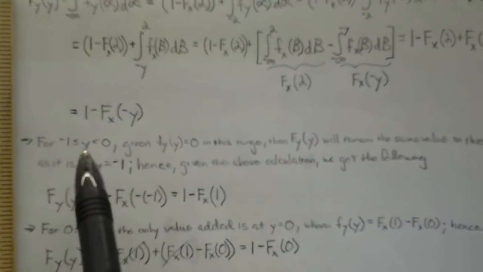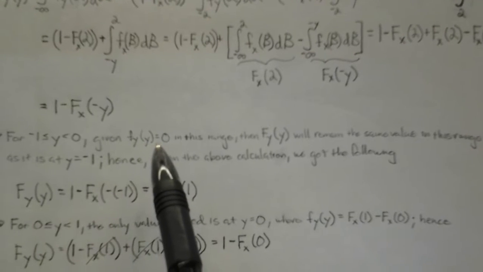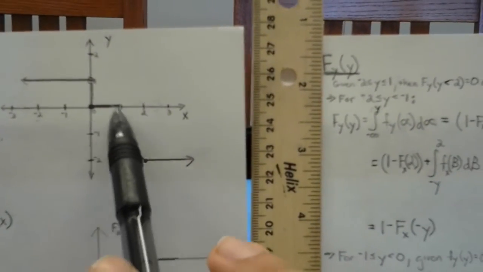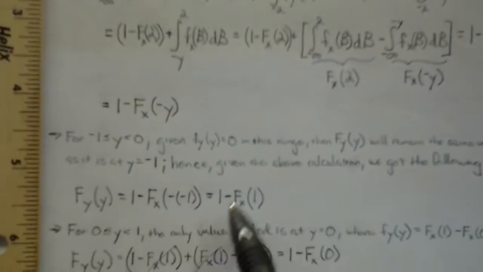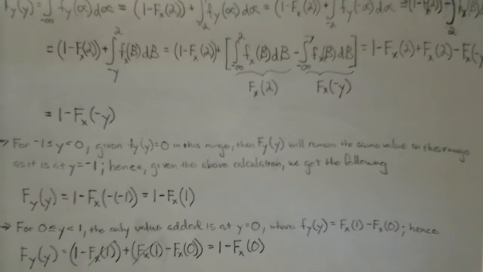Now, between negative 1 and 0, given that within this range the little f of y is equal to 0, remember how we have nothing in there. So right here, it's a jump term. All right, nothing actually happens, nothing's going to be gained, so nothing's going to really change in that range. It's going to stay exactly the same.